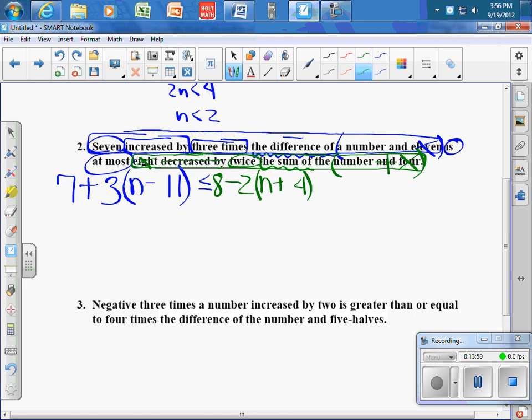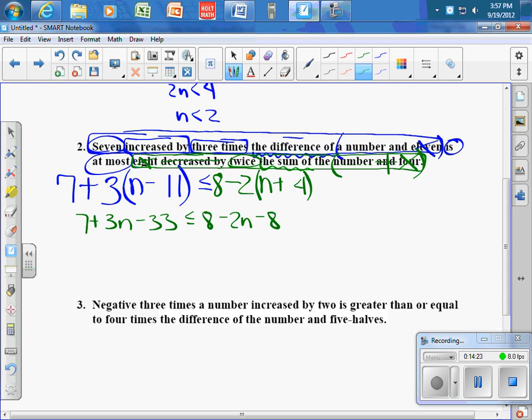Well, on the left side, we're going to be using the distributive property. We have 7 plus 3 times n is 3n, and 3 times negative 11 is negative 33. Is less than or equal to 8. Now, that's a negative 2 times n is negative 2n. Then it's a negative 2 again times the positive 4 is negative 8.